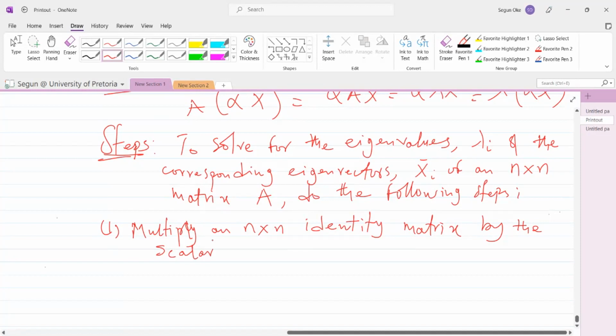Who can tell us what a scalar is? We are all science students.